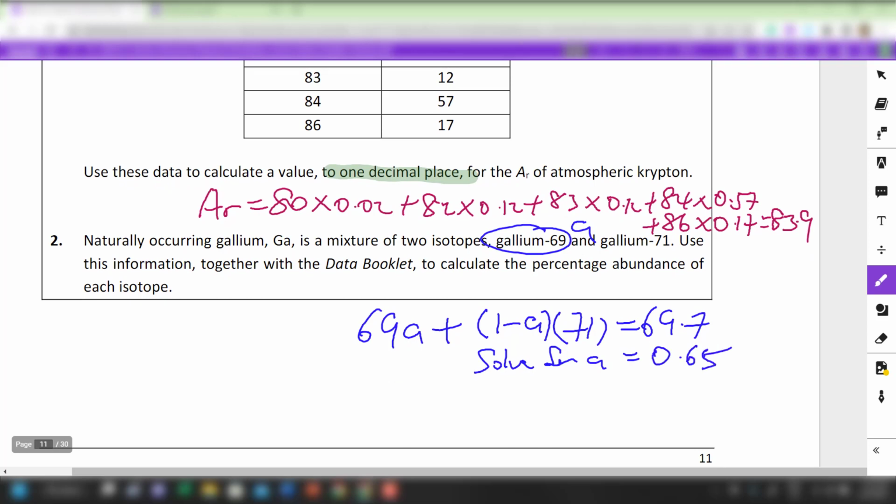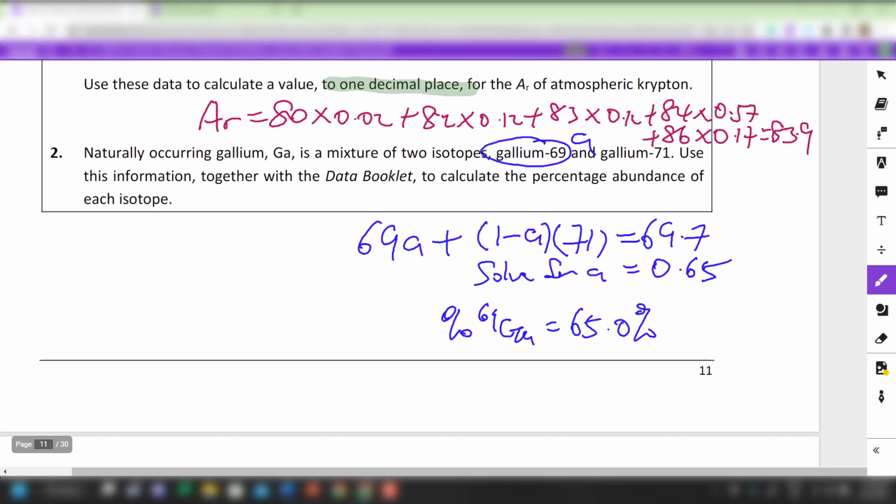Therefore the percentage of gallium-69 is 65.0%. Then the percentage of gallium-71 is therefore 35.0%.